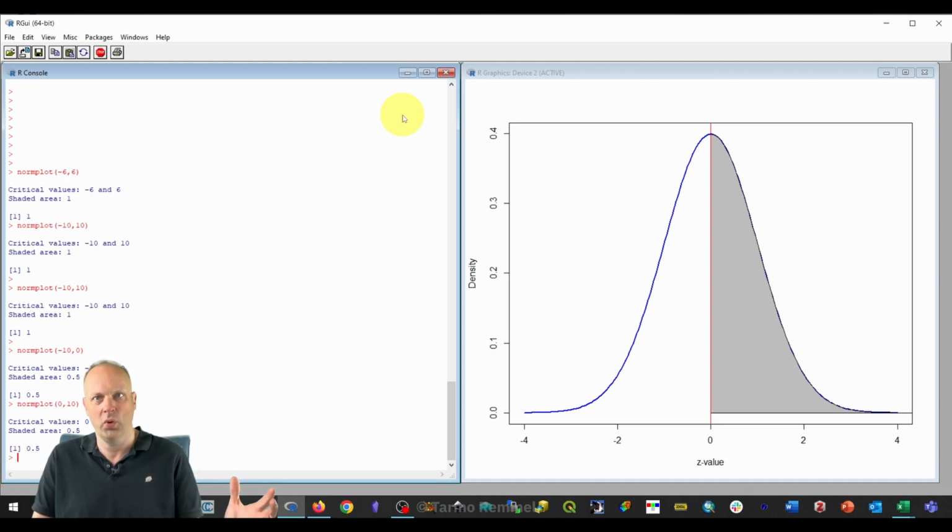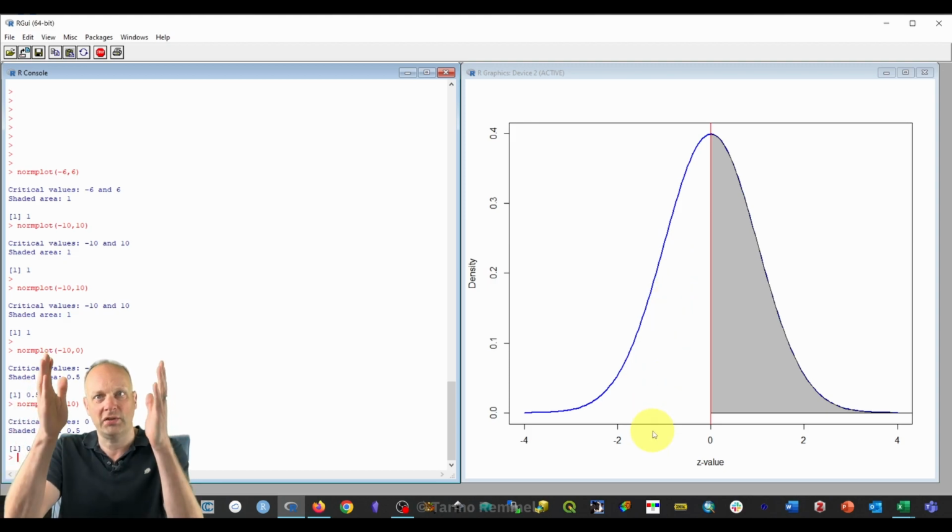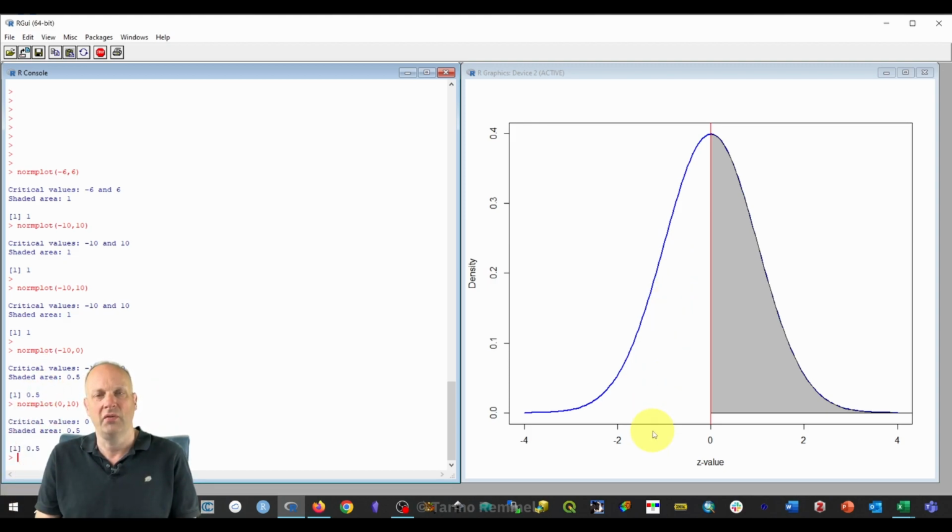Area under the curve is 1, area under half of the curve is 0.5, but we can carve out any sort of vertical cut through this distribution and find out what is the area under the curve in one tail of the distribution.